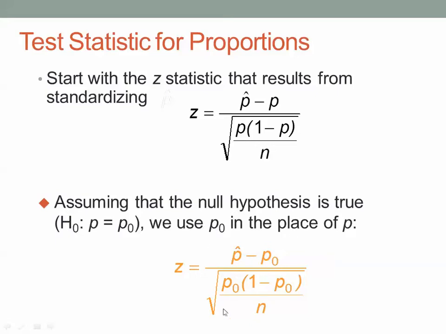If we put that into this formula along with the P sub 0 from our null hypothesis, we get a test statistic Z, and we can put that on the normal curve.